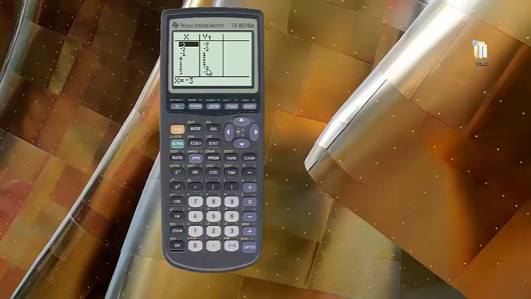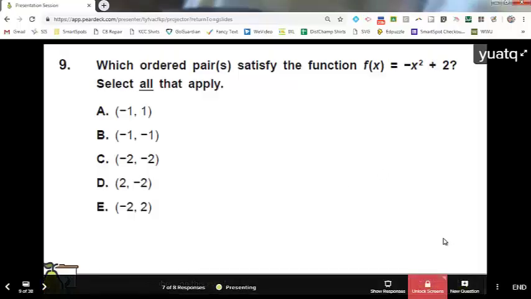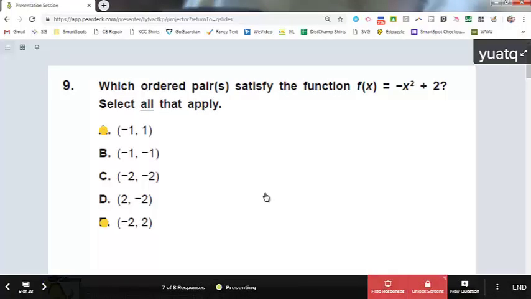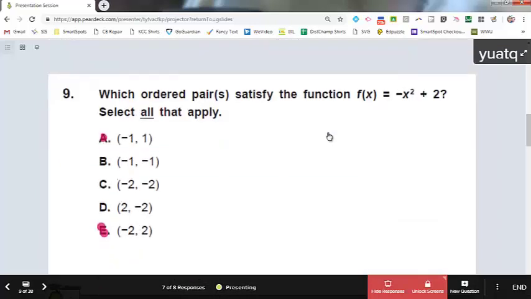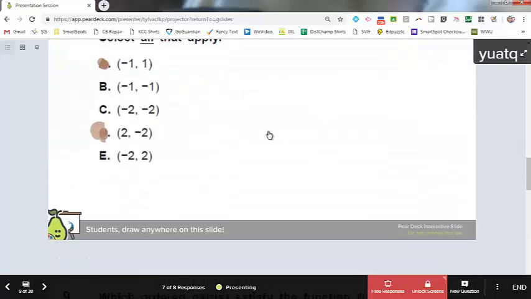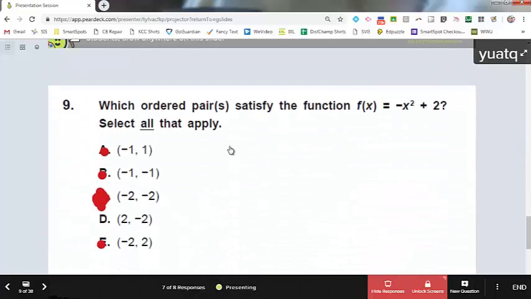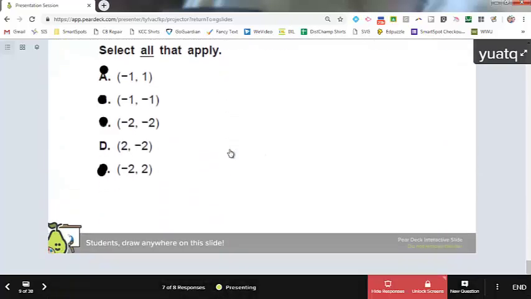So we should have A, C, D, and then the last one, they have negative 2, 2, which is not an answer. Okay, so our answers on this one should have been A, C, and D. Very good, whoever this is. You almost got it. Okay, A, C, and D.